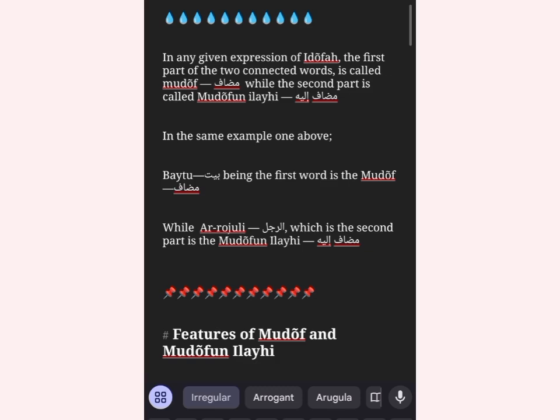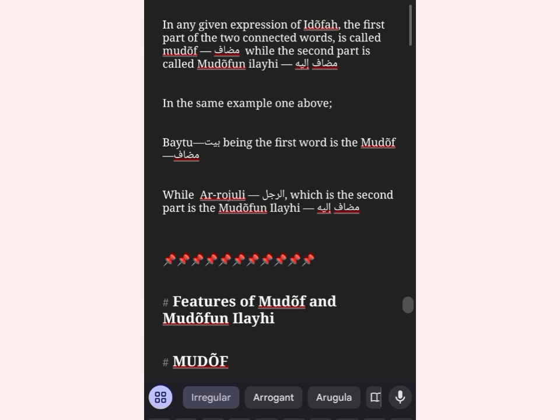So if we say kitab al-talibi, kitab is the first part of the expression that is added, while al-talib is the second part that receives the other word. All right, so in any given expression, the first part of the two connected words is called mudaf. Take note of this terminology, mudaf.